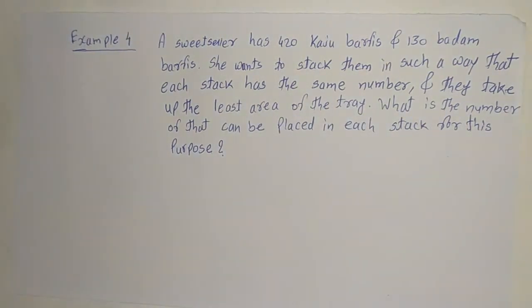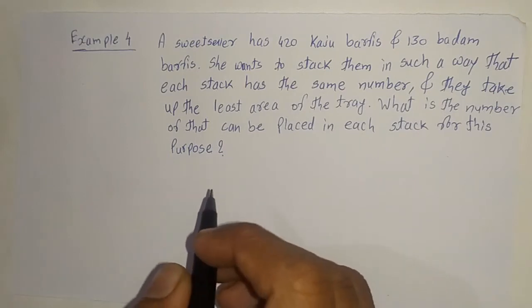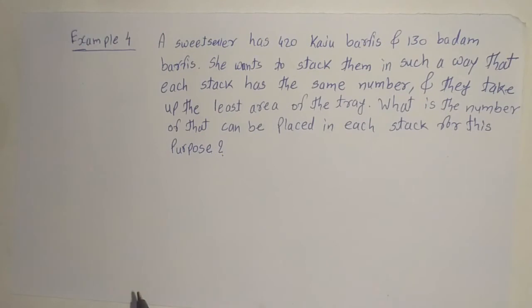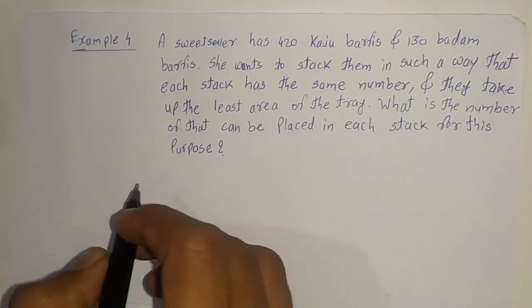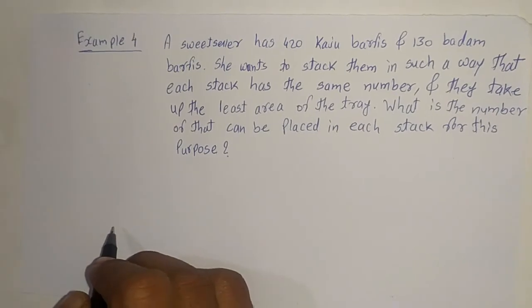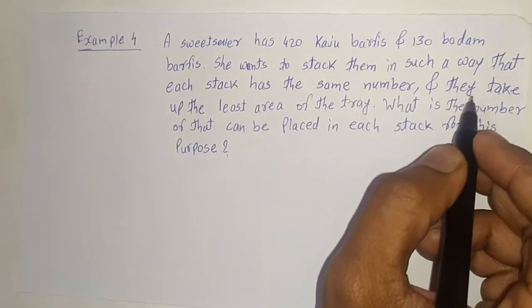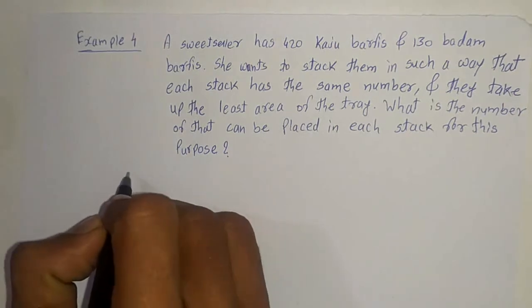So if we place the maximum number of burfis in each stack, the number has to be equal, and then the area of the tray will be minimum. So we have to stack the maximum number of burfis in each stack, so it has to be an HCF. What is asked here is, how do you find the least area of the tray? Let's write this down.